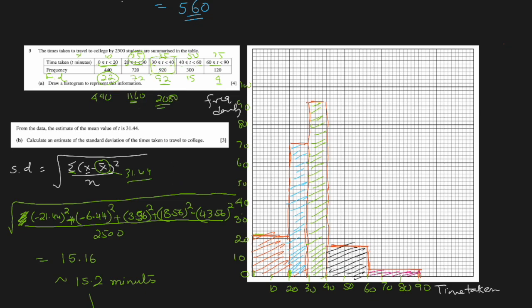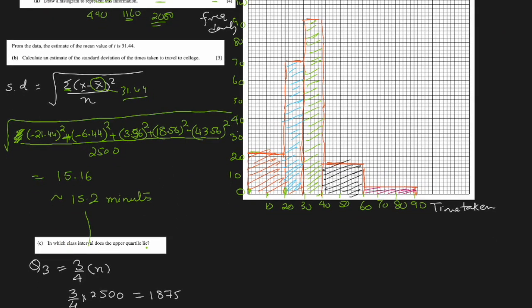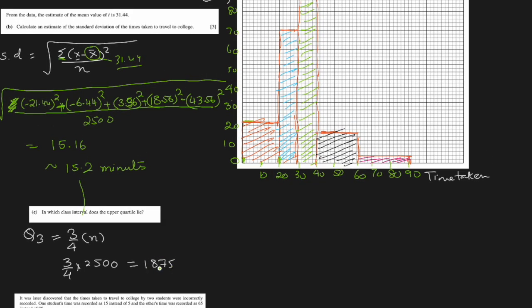So it is 30 to 40, right? The question is, in which class interval does the upper quartile lie? In which interval, in other words, does the 1875th data lie? And we just got it. It is from 30 to 40. This interval.